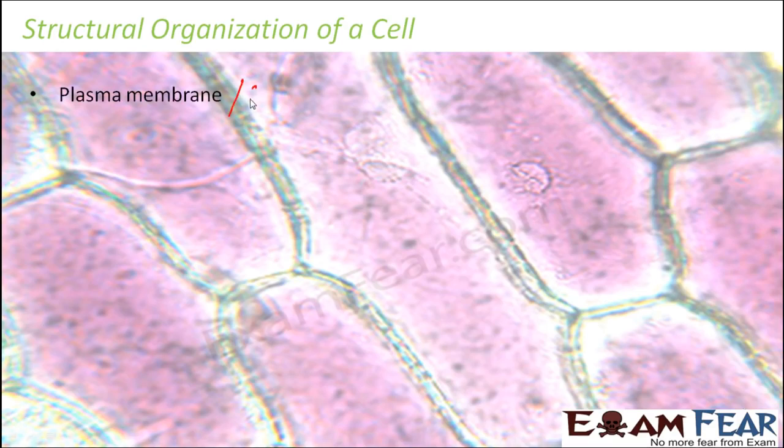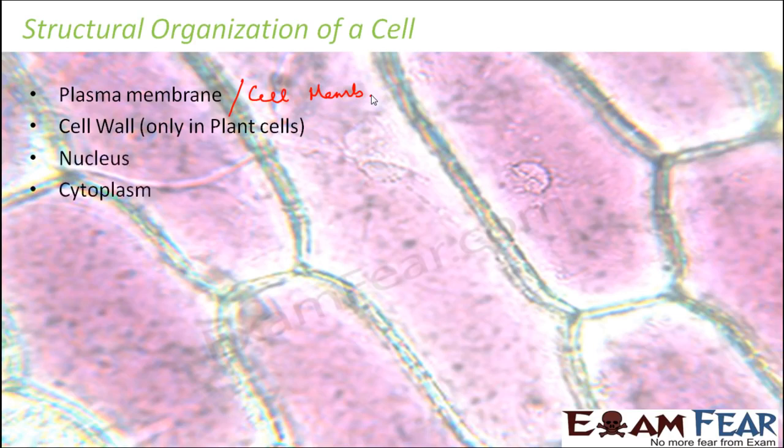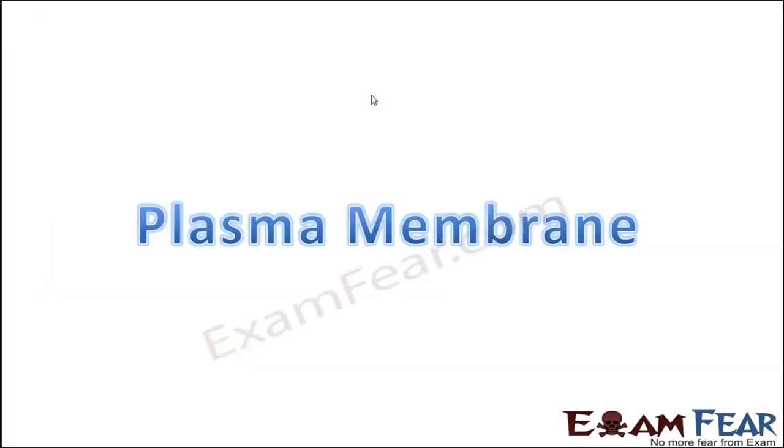I'll be using these terms interchangeably. Sometimes I might call it plasma membrane, sometimes cell membrane. Then cell wall, which is present only in plant cells. This is an additional covering outside the plasma membrane. Then nucleus, cytoplasm, and the other cell organelles, which we'll see a little later. We will start our discussion with plasma membrane.